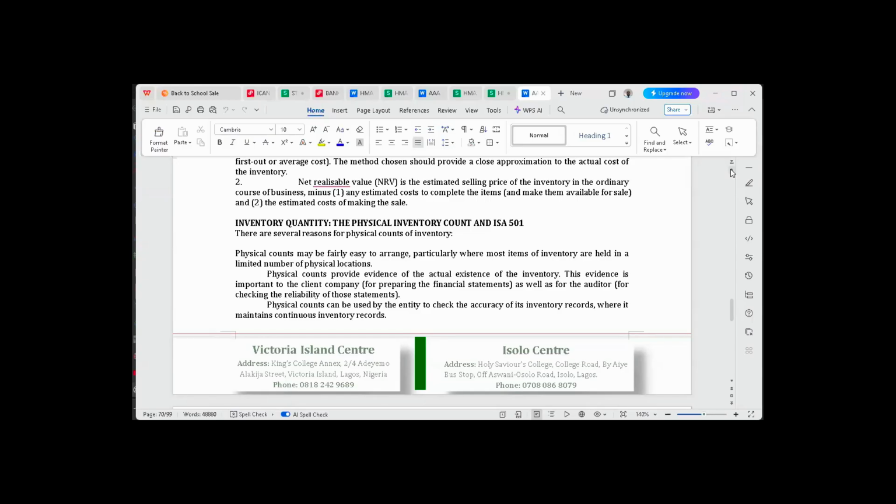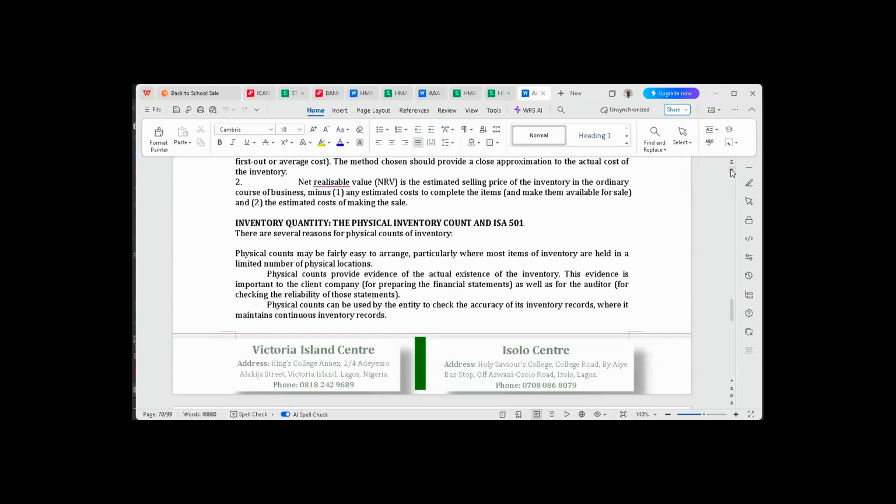Now, one thing that we need to note here is that the substantive procedure, like I said, cuts across every aspect of the financial statement, right? So we are looking at the statement of financial position, and we are looking at inventory. We started it last time. That was the last time I took us.